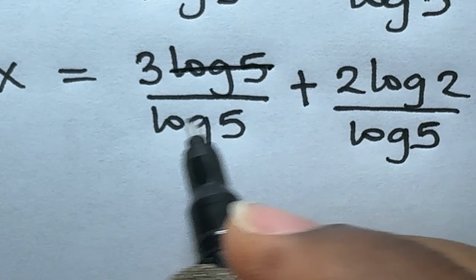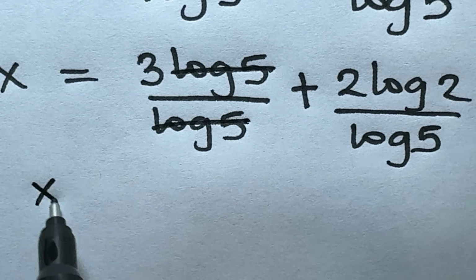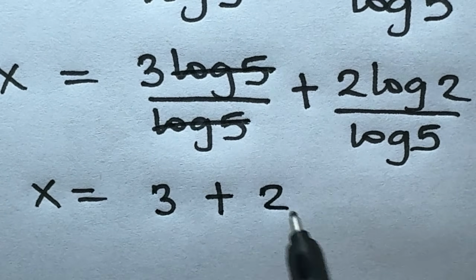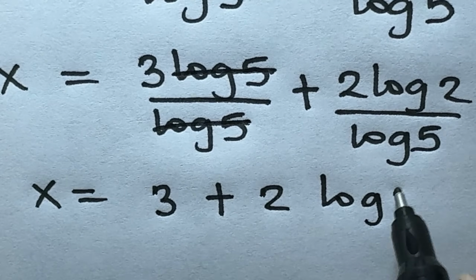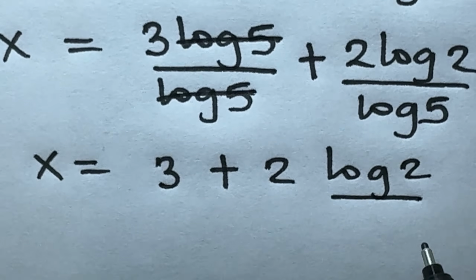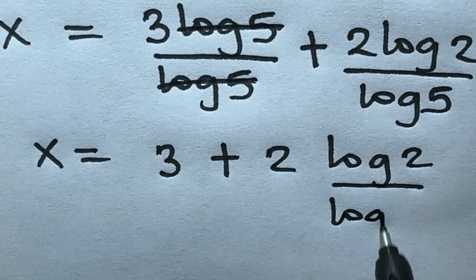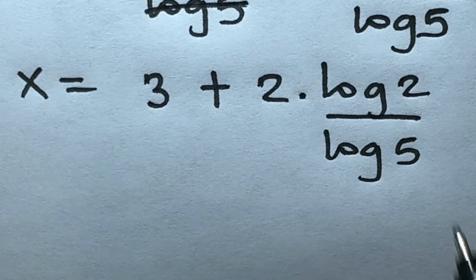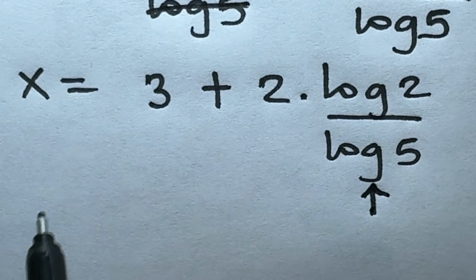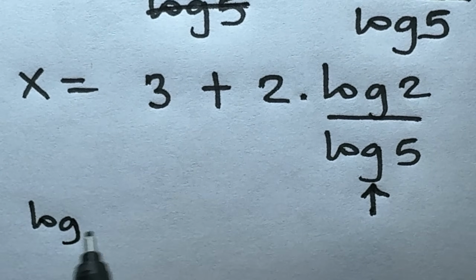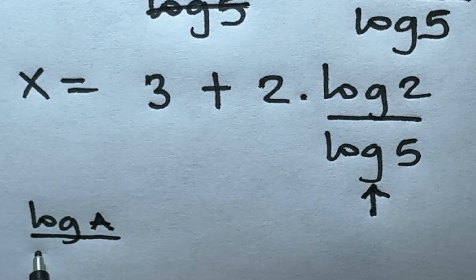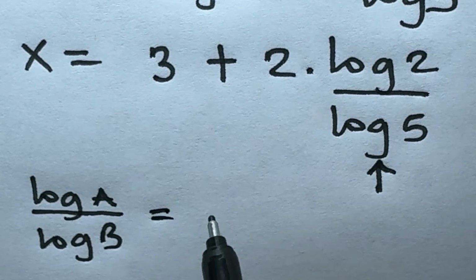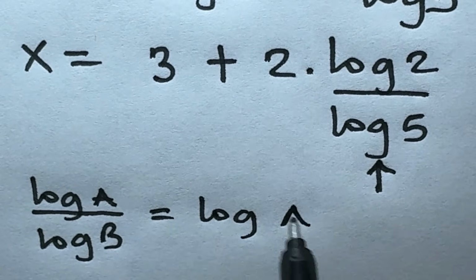Log 5 divided by log 5 here is 1, so we are left with 3 here, then plus 2 times log 2 divided by log 5. Log 2 divided by log 5 is of the form log a over log b.